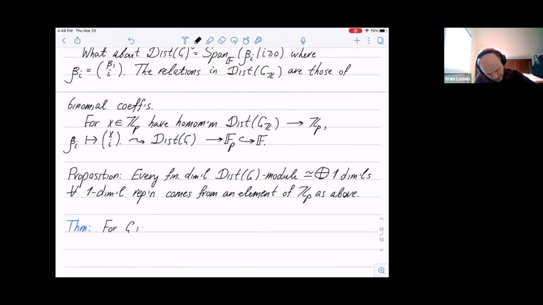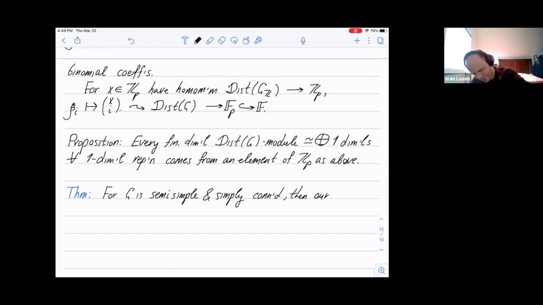When G is semi-simple and simply connected, then our functor from finite dimensional rational representations of G to modules over this Dist(G) is an equivalence.